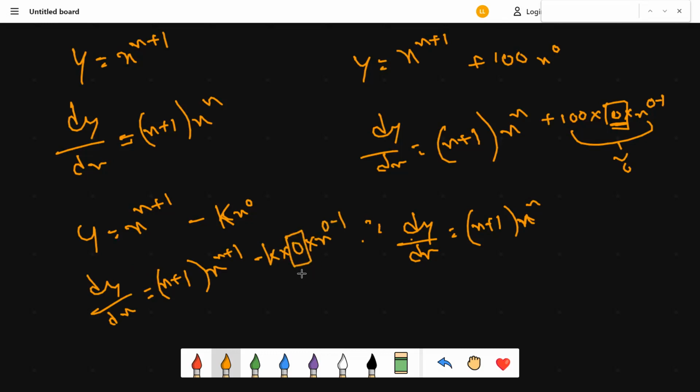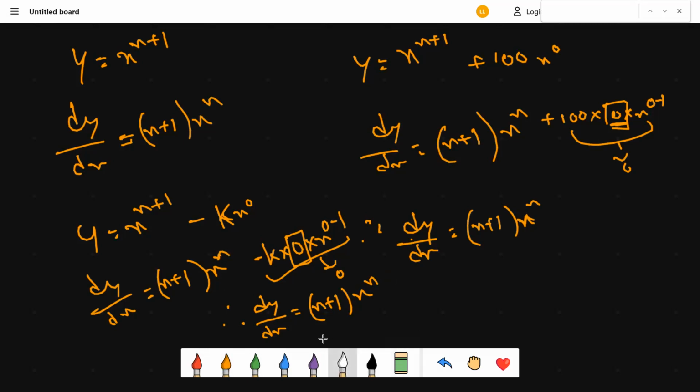Now anything multiplied with 0 means what? 0. So this also gives us a value of 0. That means dy by dx of this equation is also n plus 1 x to the power n plus 1. Sorry, x to the power n, not n plus 1. My bad. Yeah, x to the power n.